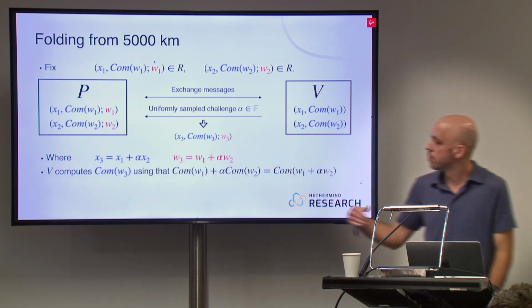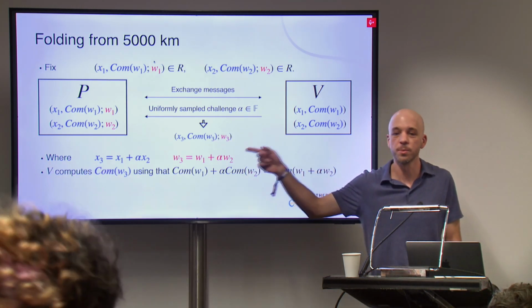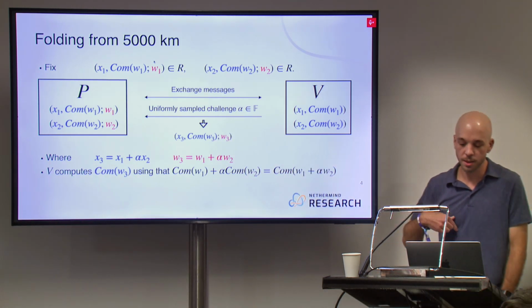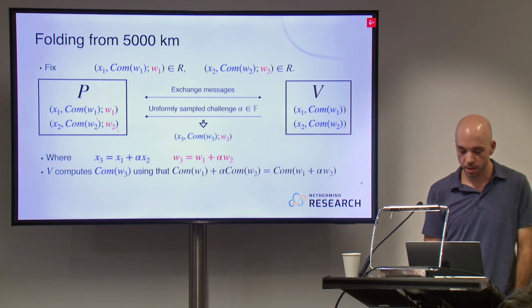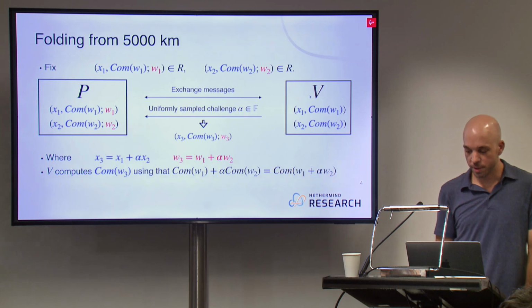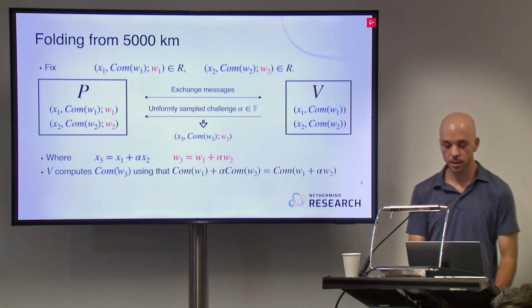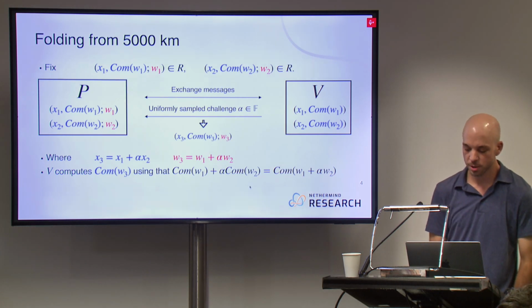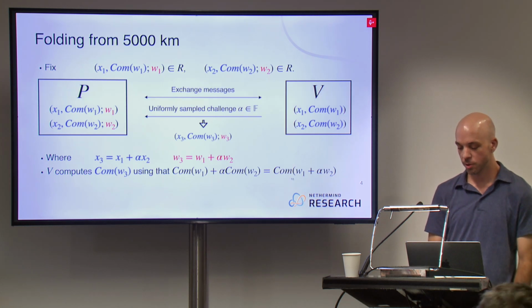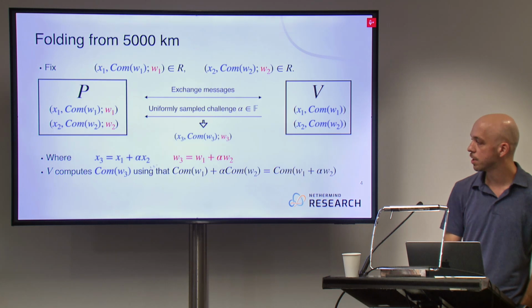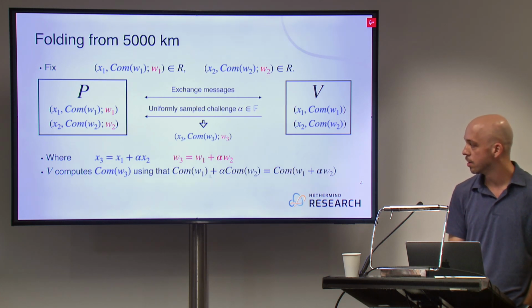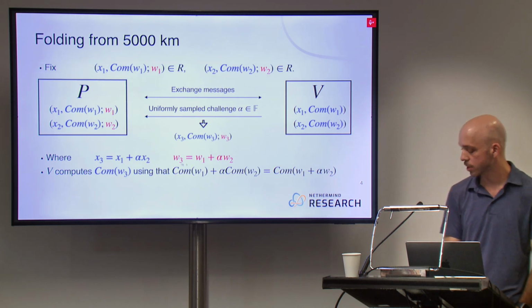But the verifier has to obtain the commitment to the witness. And here is where the homomorphicity of the commitment comes into play. For the verifier to compute the commitment to the new witness, we use this formula, and this allows the verifier to compute this commitment, because the verifier knows these two commitments.